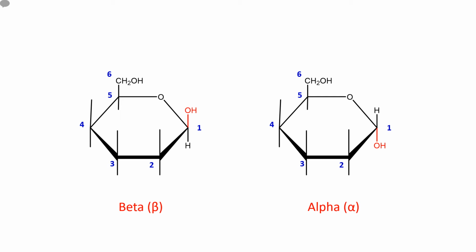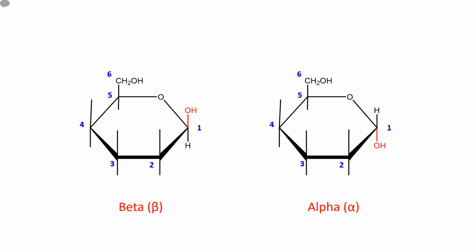Alpha anomers and beta anomers are determined by looking at the relationship and the direction of the hydroxyl, so that OH group or that alcohol functional group that is attached to your anomeric carbon, which is carbon 1. So looking at the relationship between it and carbon 6. Alpha anomers have an alcohol functional group on the anomeric carbon that is trans to carbon 6.